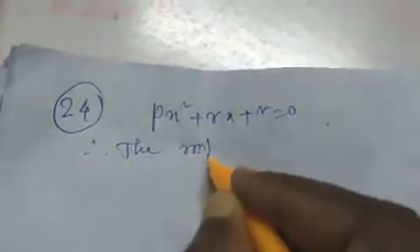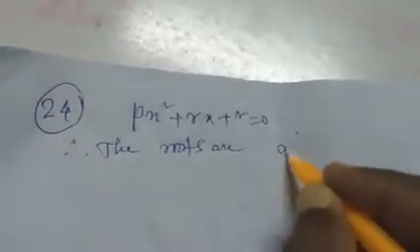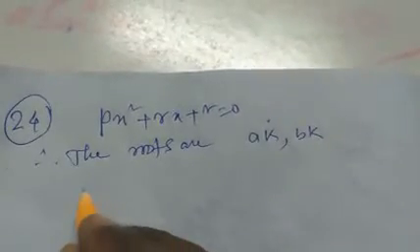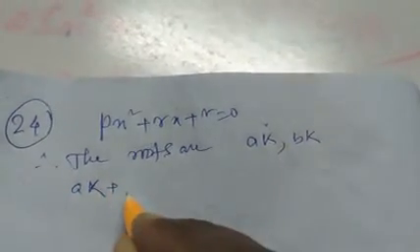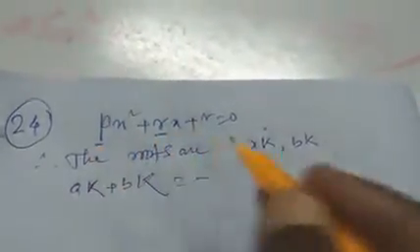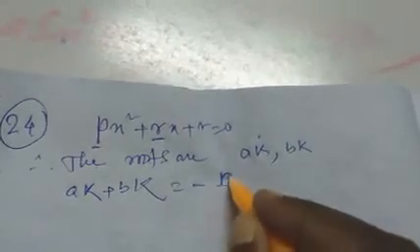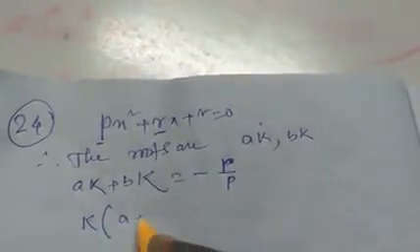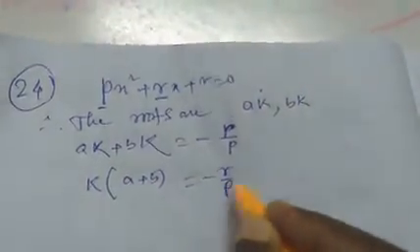Let us assume, as given, that the roots of this equation are in the ratio a is to b. Therefore the roots are ak, bk. And you know the sum of the roots ak plus bk is equal to minus b by a, this is minus q by p. Taking k common from this, (a plus b)k is equal to minus q by p.